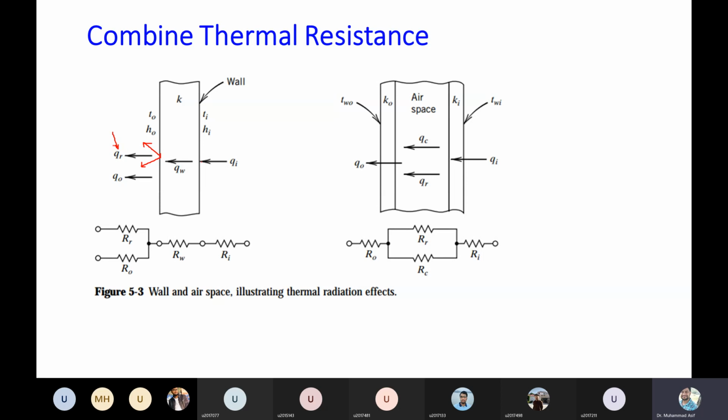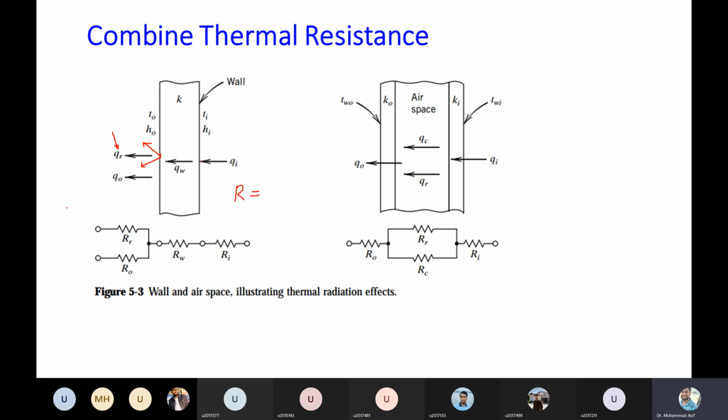One is the resistance because of the radiation, another one is because of the convection. These two resistances are in parallel. So we can calculate the overall resistance of this plane wall by summing R_i, R_w, and the equivalent resistance of these two parallel resistances.